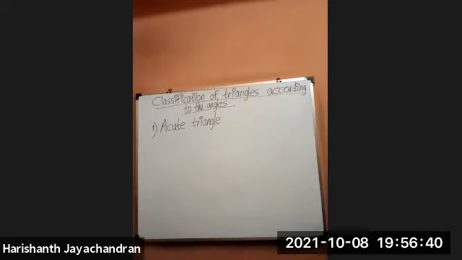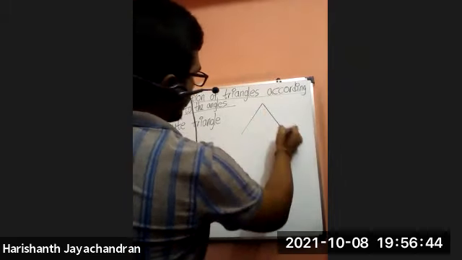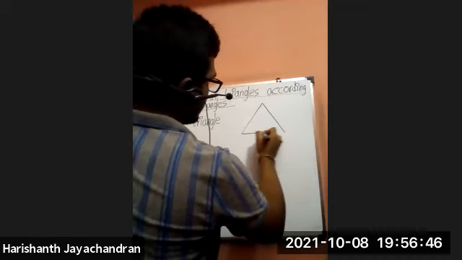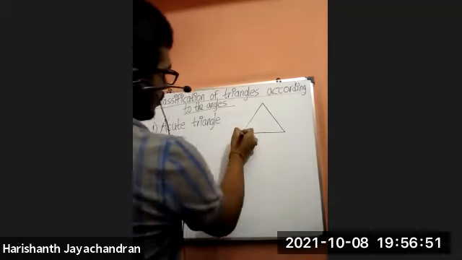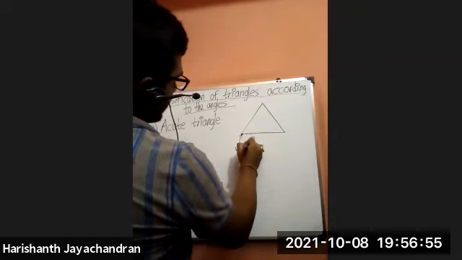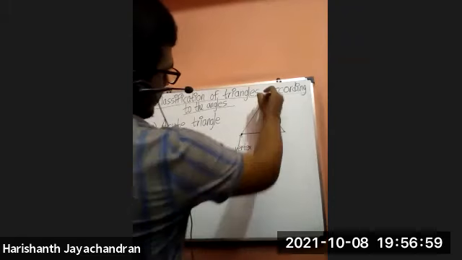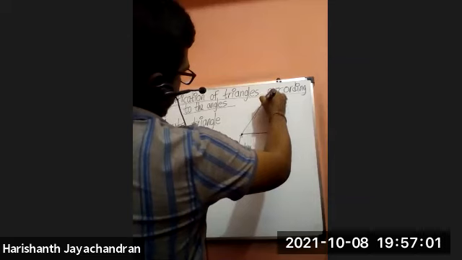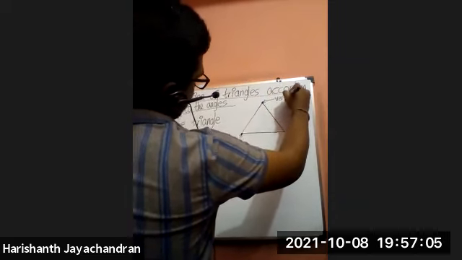If you take a triangle, obviously, since all these three straight line segments are meeting at a point with each other, what do you call each of these points? You would call this point as the vertex. You call this as a side. You call this as a vertex. So a triangle has three vertices, right?